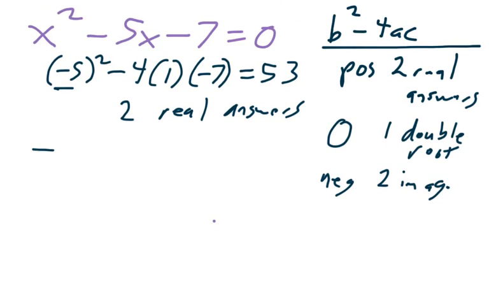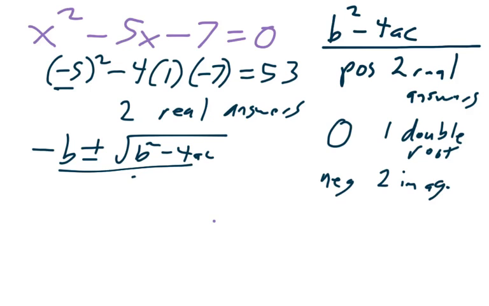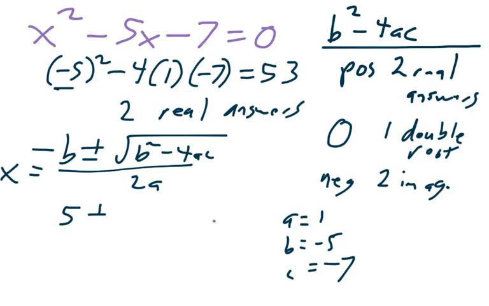To find the real answers, we're going to do negative b plus or minus the square root of b squared minus 4ac divided by 2a, which is better known as the quadratic formula. Now, because a equals 1 and b equals negative 5 and c equals negative 7, negative b is really the opposite of b, which is going to be positive 5.